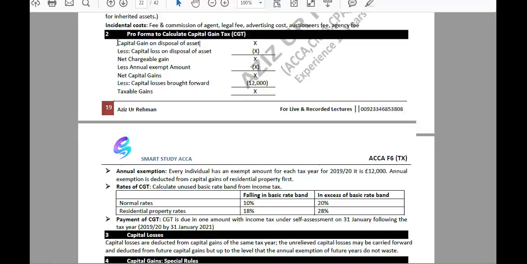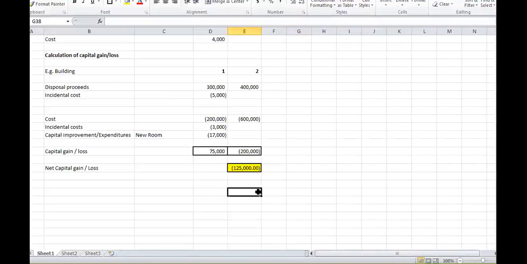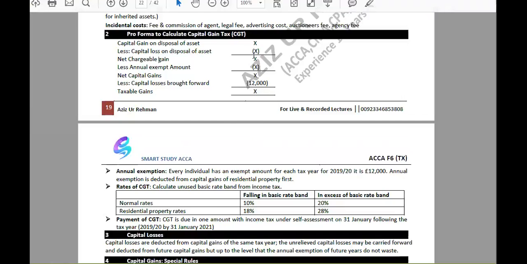If we have sold different assets during the year, we will write down the gain of all the assets over here. And obviously, we will deduct capital losses on all of the assets. We have net capital gain. Just like the example we have just discussed, we have capital loss of £125,000. So if we have capital loss over here, we will not pay any tax.